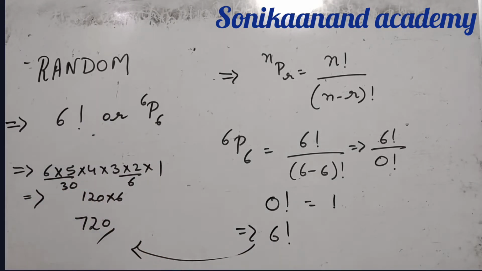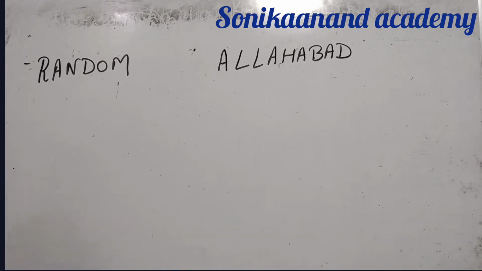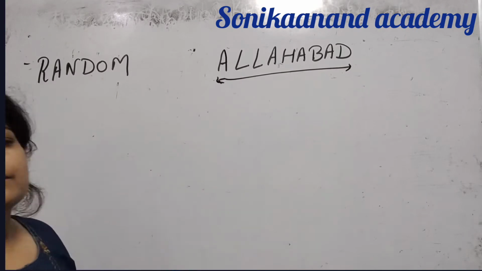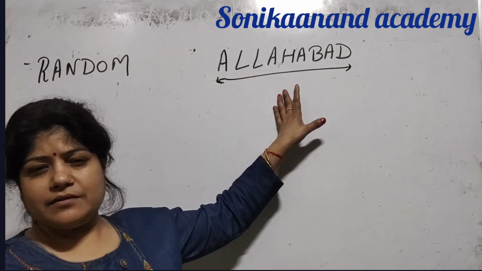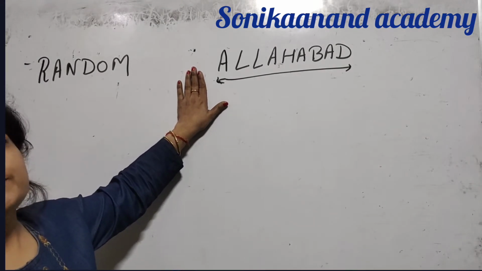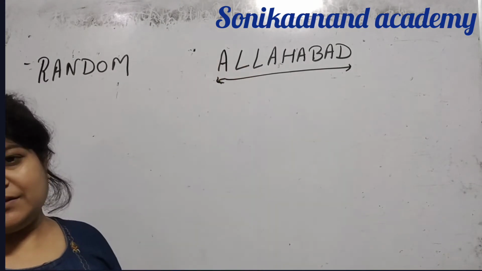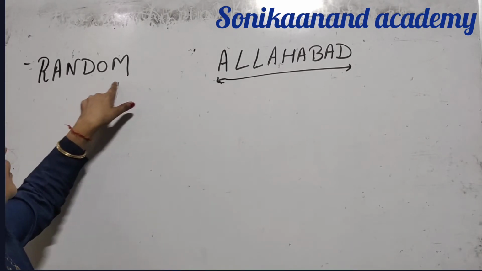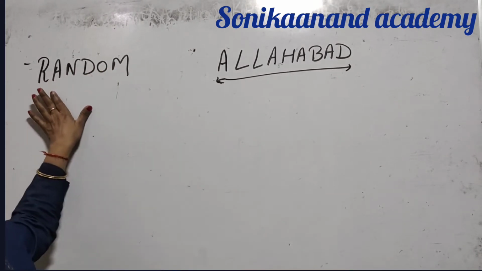Now observe the second question. Now for example, we have another case. We have the word Allahabad, and we have to find how many arrangements can be obtained using these letters. In the previous case, we had no alphabet repeated.